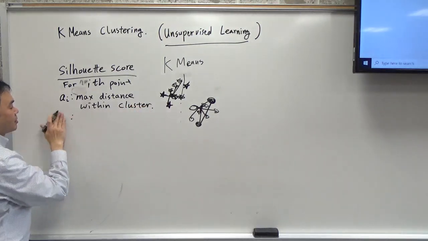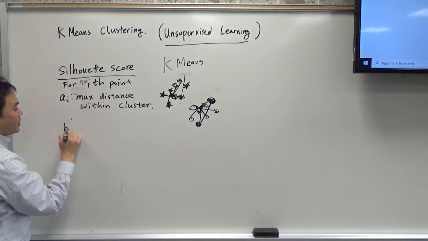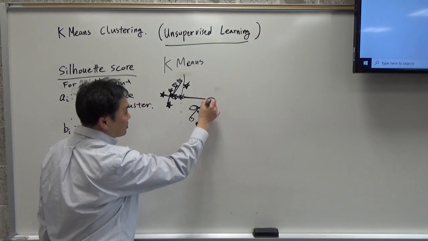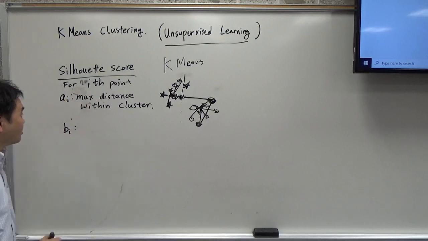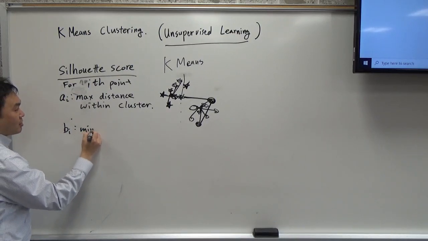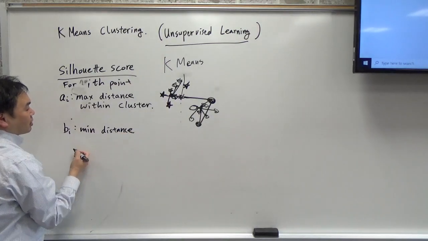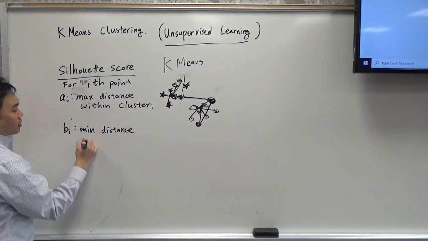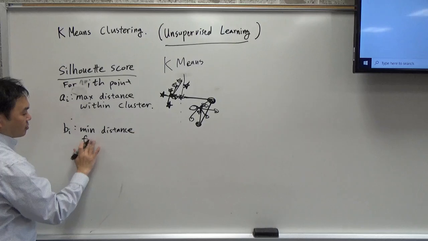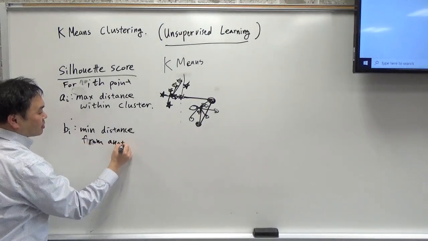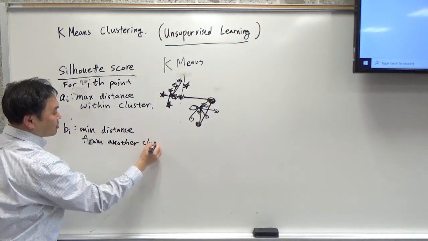Okay. And then b_i is the closest distance from the other cluster. So this is the minimum distance from another cluster.